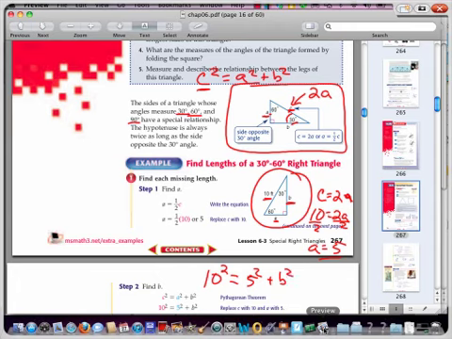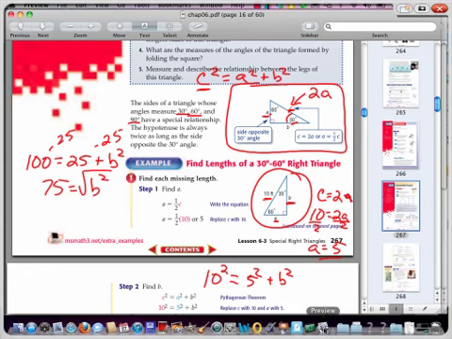And now we simply need to solve for B. So let's get rid of some of these squares. We can say 10 squared is 100. 100 equals 25 plus B squared. And let's subtract 25 from both sides. And we get 75 equals B squared.